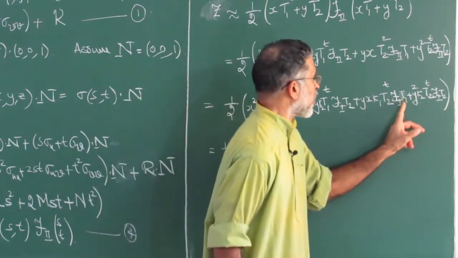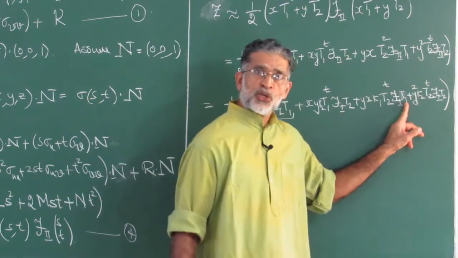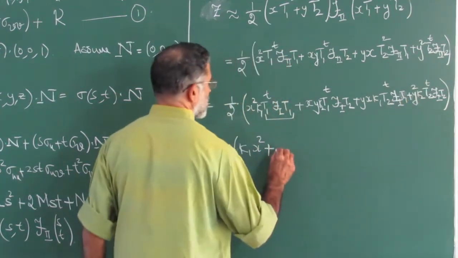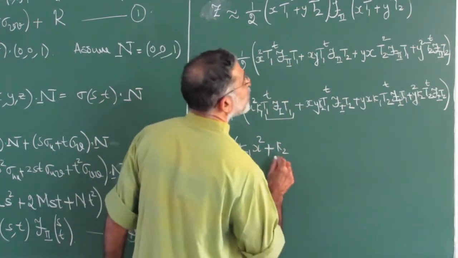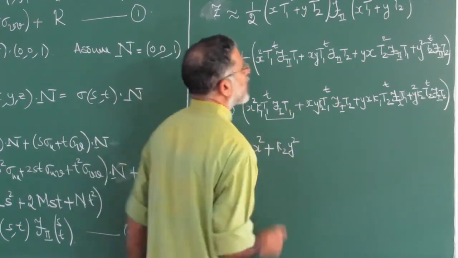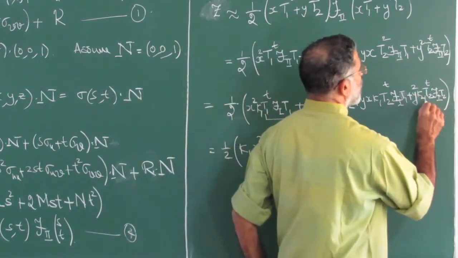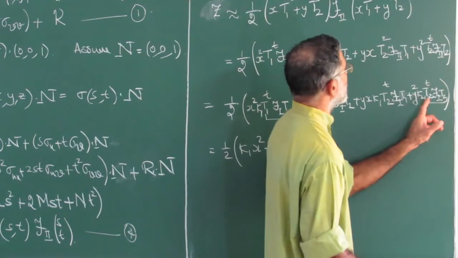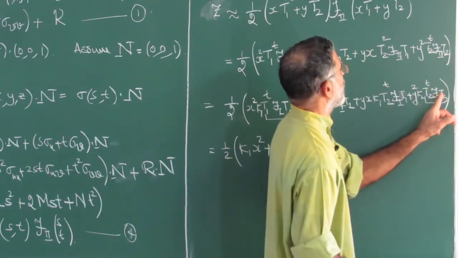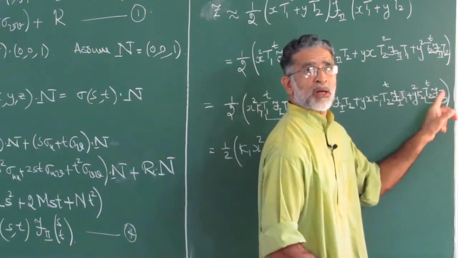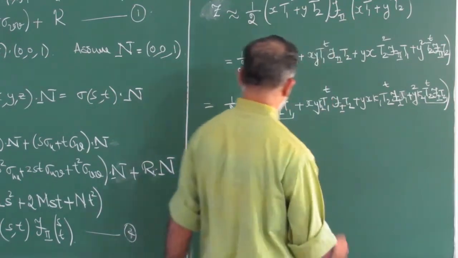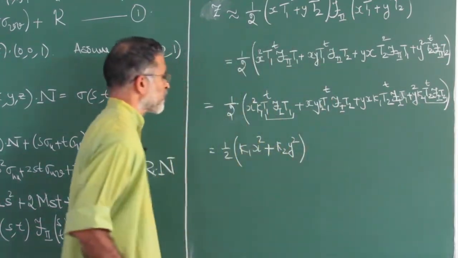Similarly here, the dot product of T2 and T1, that's also 0. So you will have the last term kappa 2 y square. This is the dot product of T2 bar with T2 bar, and that is 1. So this is what you get.